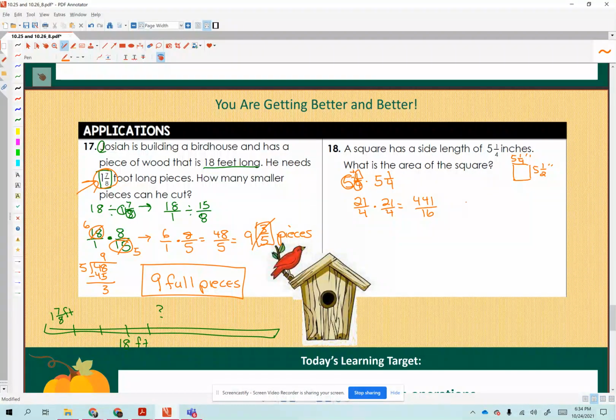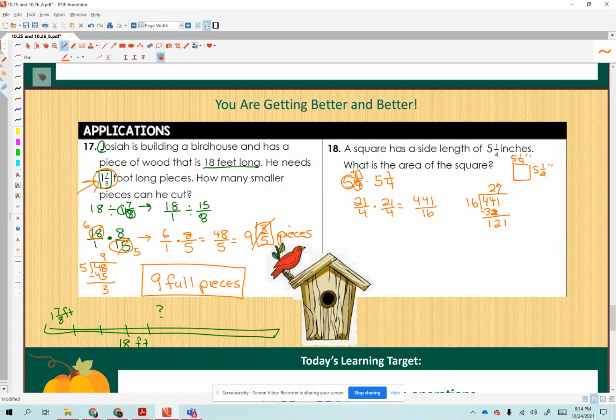When we divide 441 by 16, let's see, 16 times 2 is 32. That would give me 12 left over.